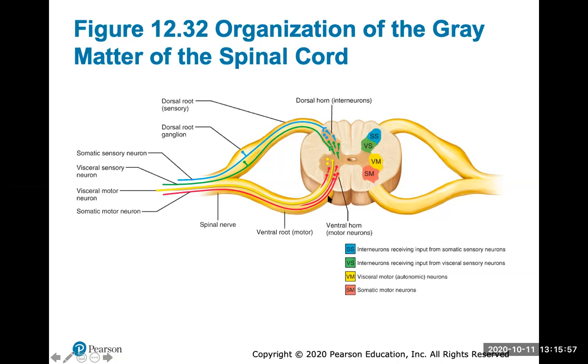So in yellow and red here, you can see the visceral motor, which would go to any sort of motor response to your viscera, your organs. And the somatic motor neurons will take all the motor effectors to your skeletal muscles. So again, sensory input comes into the back, the dorsal side, and then motor information goes out the ventral root. And you can see these different locations of the sensory or motor neurons.